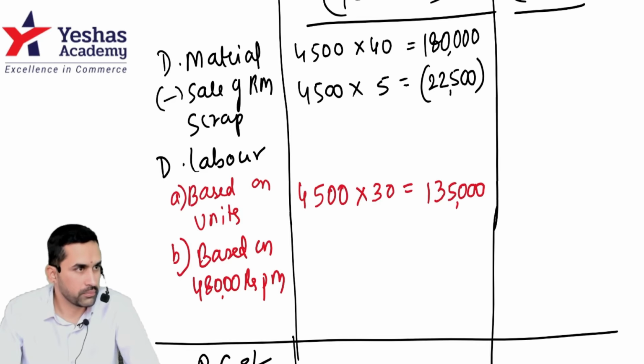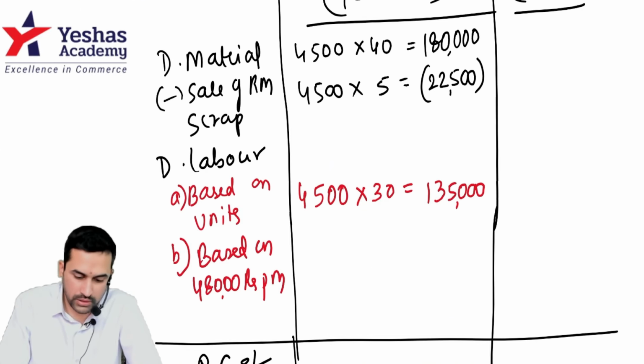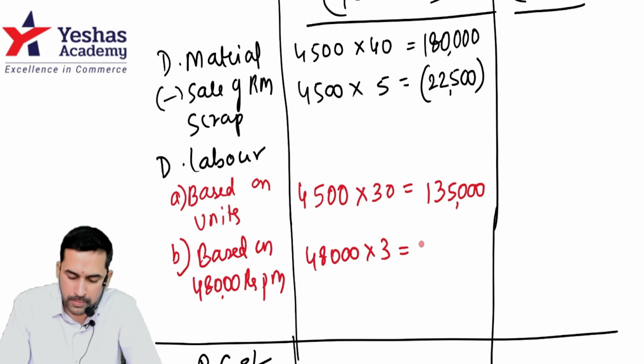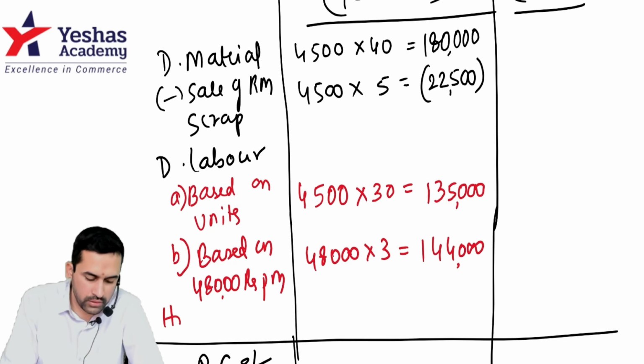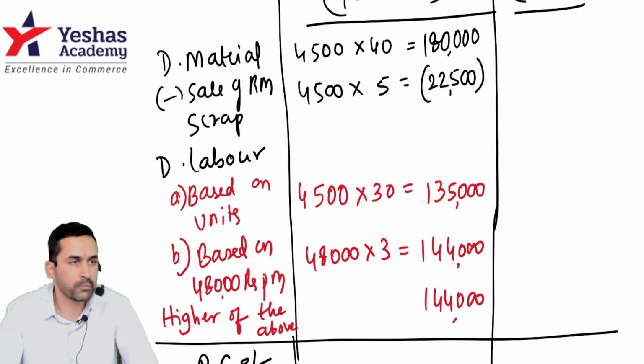But we have to pay them a minimum of 48,000 per month. I'm doing it for 3 months, 1, 2, 3. That is 144,000. Here, the higher of the above, 144,000.